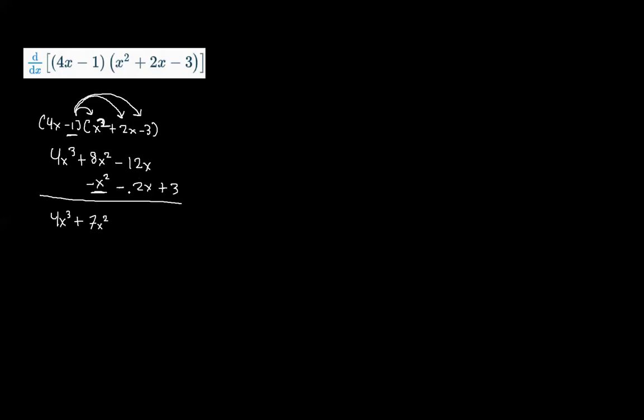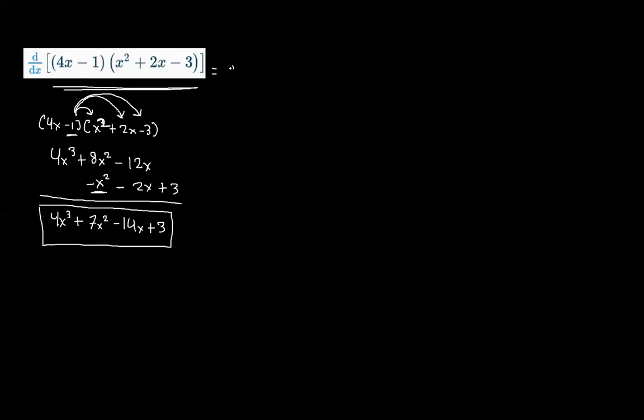Then here, negative 12x minus 2x will give you negative 14x. Then lastly, we're going to bring down positive 3. And this is the expanded form of the given function.